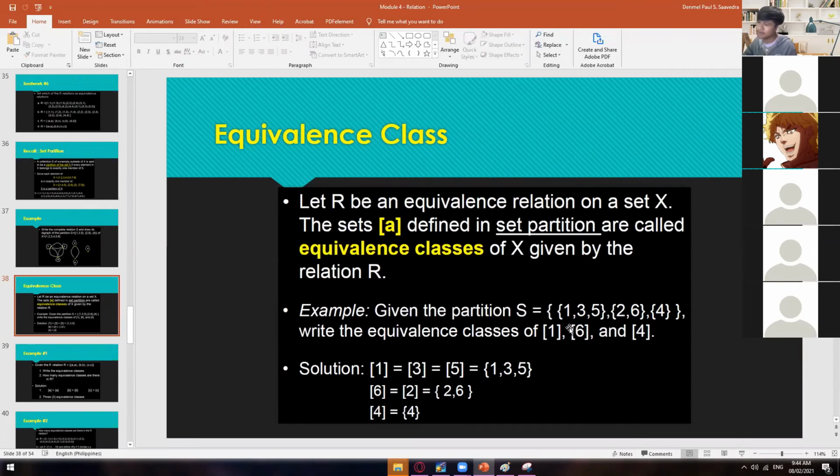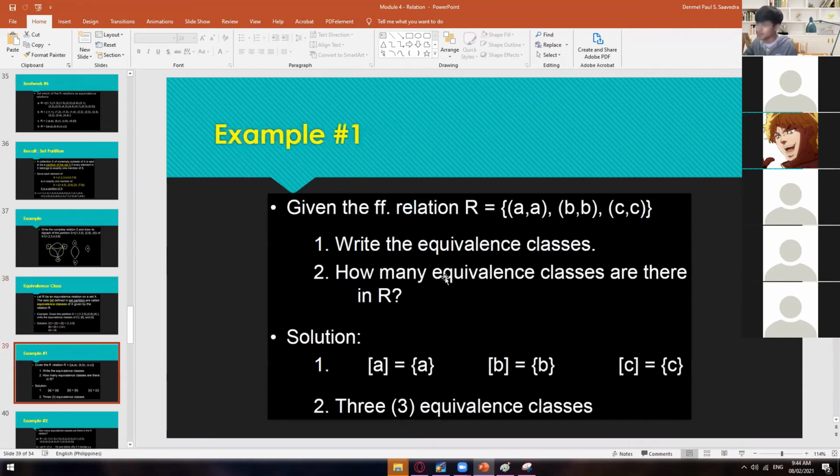So maybe right now you're quite confused on how we apply this equivalence class. So let's have another example. Okay, so given the following relation, R is equal to AA, BB, and then CC. So write the equivalence classes. Okay. So as you can see, this one is very obvious.